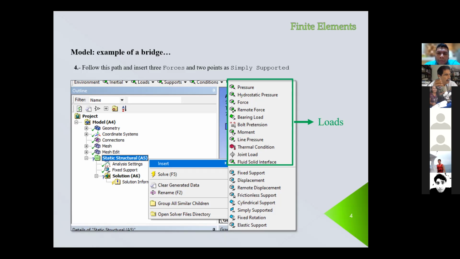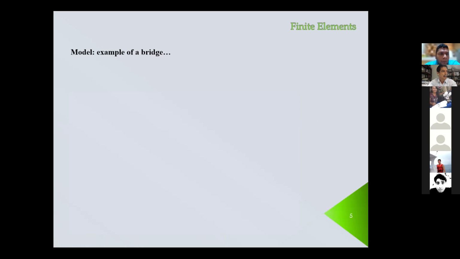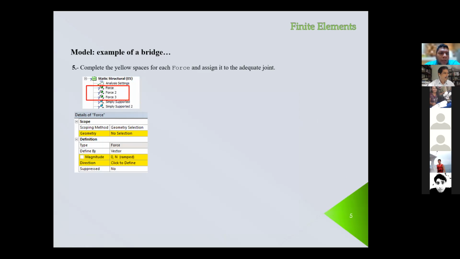If you want to specify the boundary condition, you can use the second part: fixed support, displacement, remote displacement, frictional support, cylindrical support, simple support, and elastic support. Okay. Then you can set up the force and simple support.